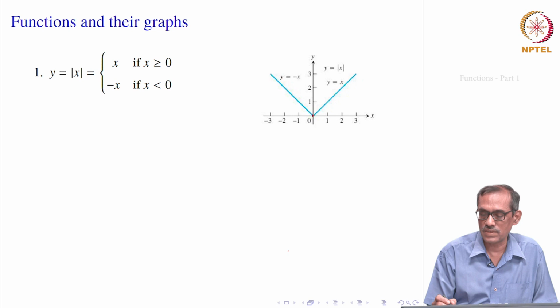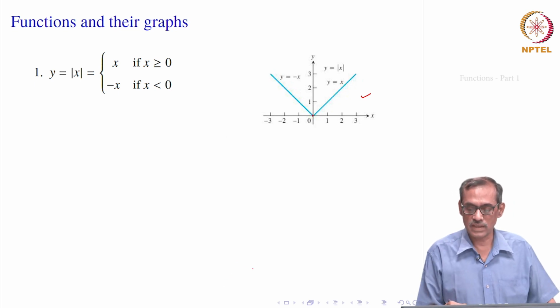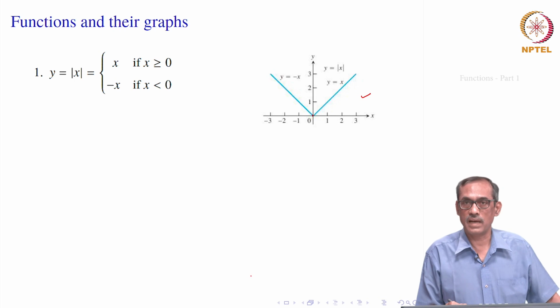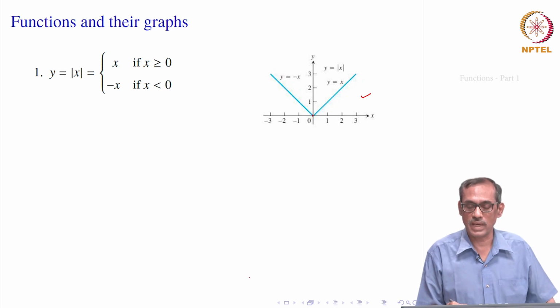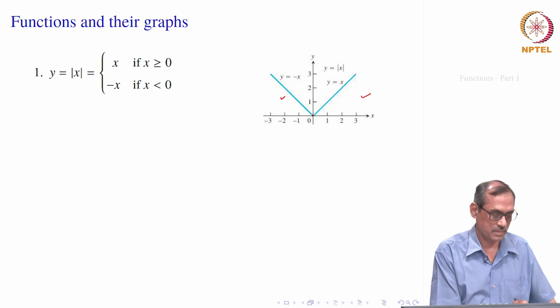If it is to the right of it, then y equal to f of x will be equal to x. So, it will be the line y equal to x, which is depicted here on the right side. And if you take the left side, that is x is negative, then mod x equal to minus x. So, y is minus x, that is this line. Therefore, we got the graph of the function mod x in blue lines. It is the union of those two blue lines. That is how the graph would look like.